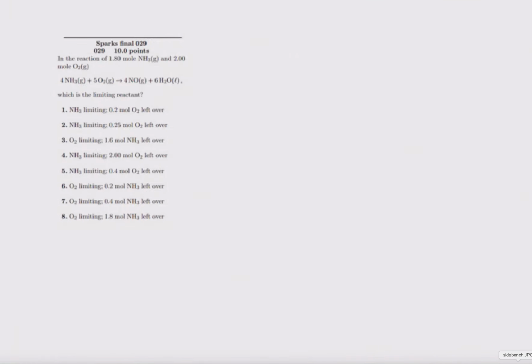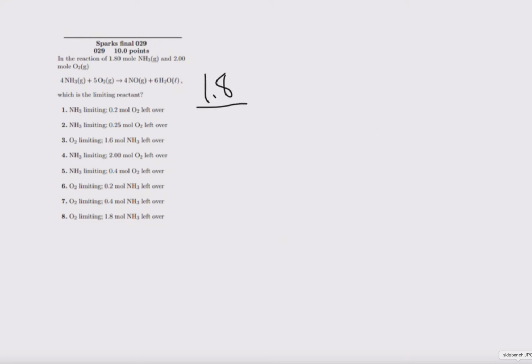And then the last one is a very similar question, except they don't give us the same amount of each reactant. So we need to figure out which is limiting and how much is left over. Again, we have to do just a little more work because we're trying to figure out which one is limiting first.